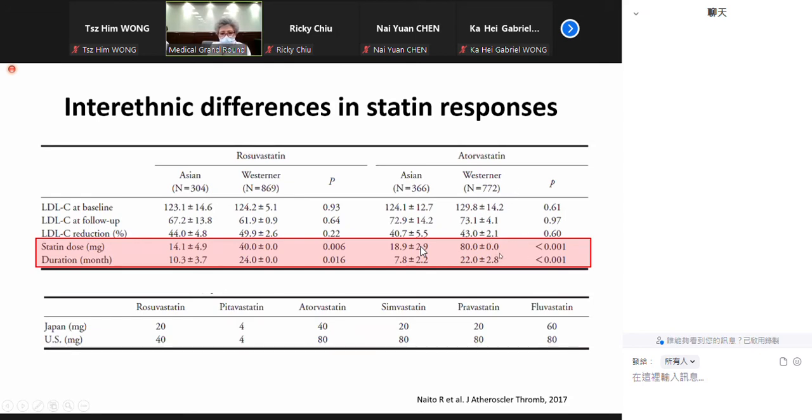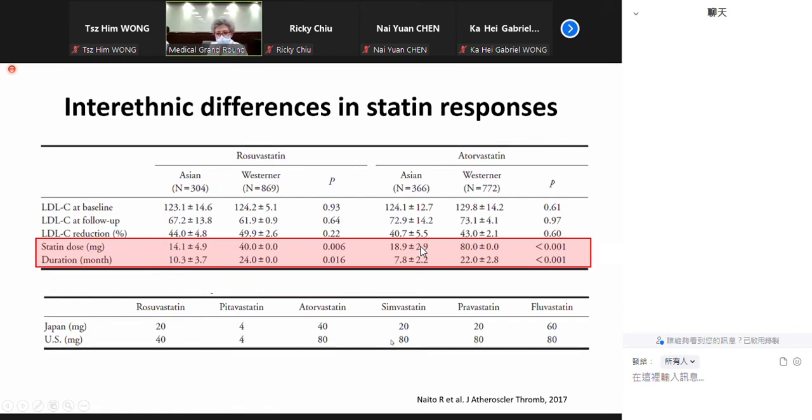So at least in the label, they recommend the maximum dose for rosuvastatin is only 20 milligrams in the Japanese population, while in the Western population it is up to 40. And for atorvastatin, we only use it up to 40, whereas the US population is 80.